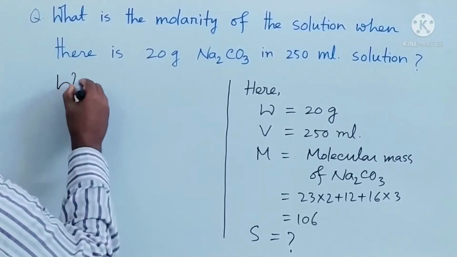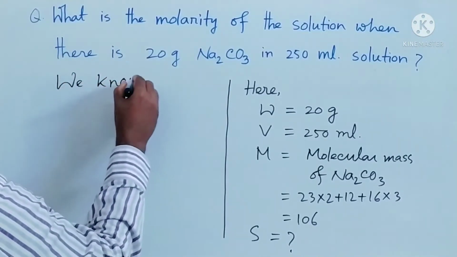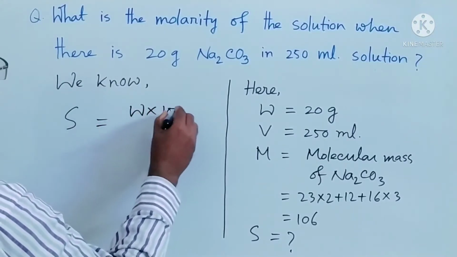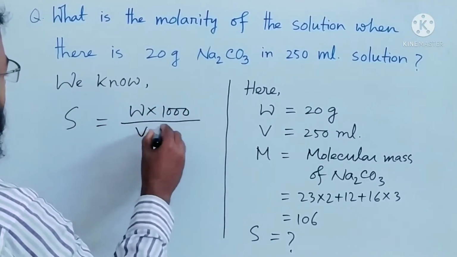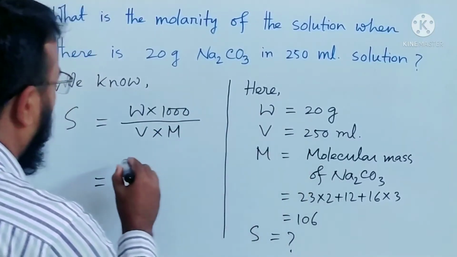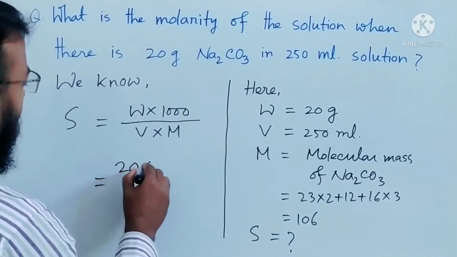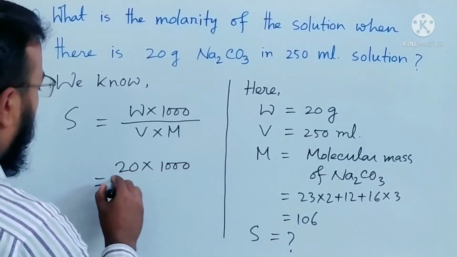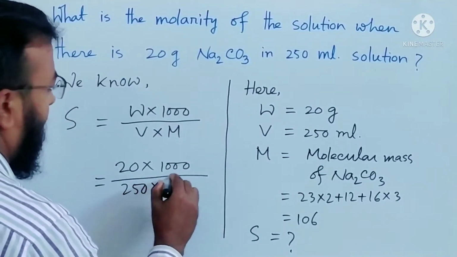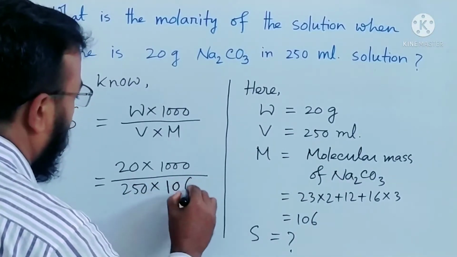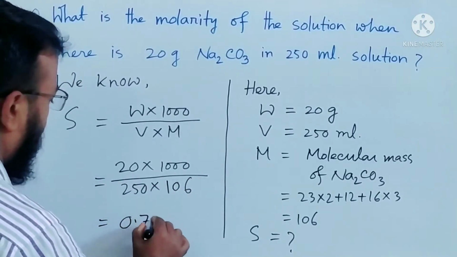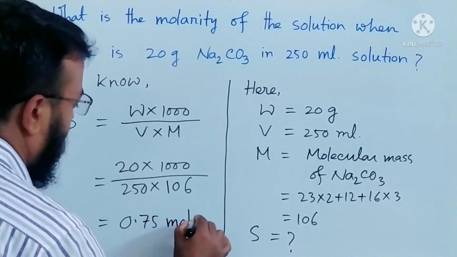So we know molarity of the solution equals W into 1000 divided by V into M. So there is a formula. Now if I put the value, W is given 20, 1000, then V is given 250 milliliter, and molecular mass is 106. So we have got the answer, it is 0.75 molar.